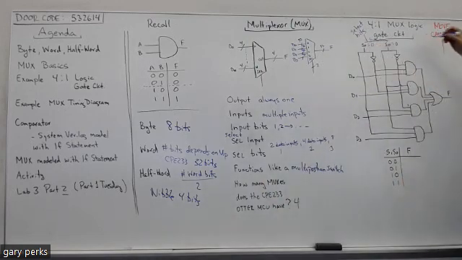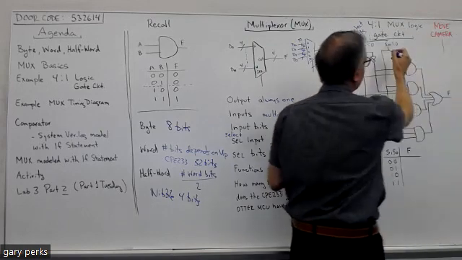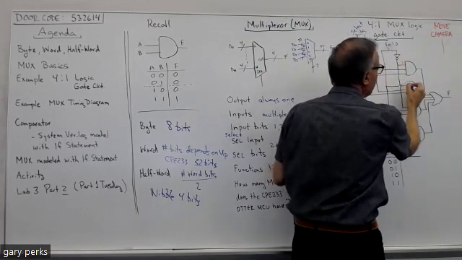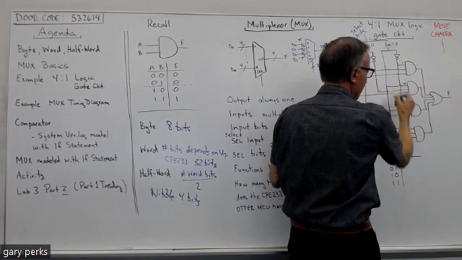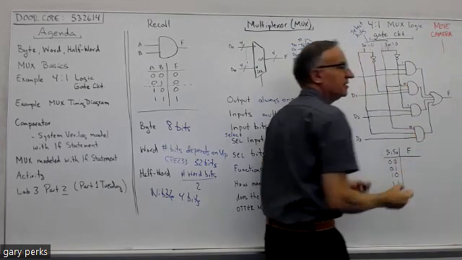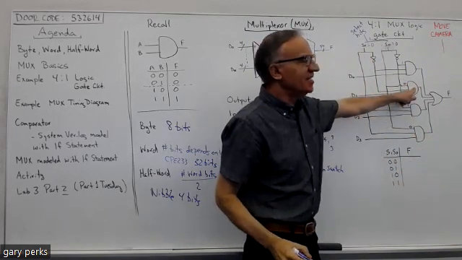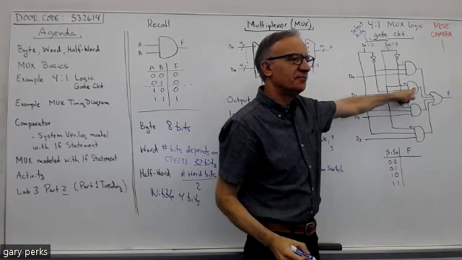All right, now let's look at the other path here. The other path doesn't go through an inverter, right? So it's going to put a 0 here, and it's going to put a 0 here. So what's the output of this AND gate? 0.